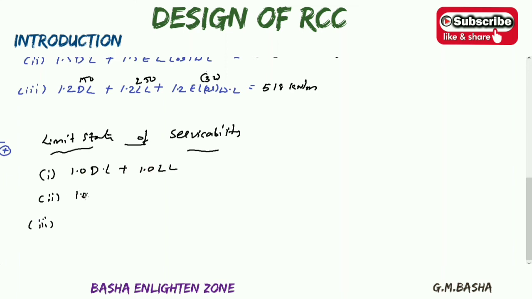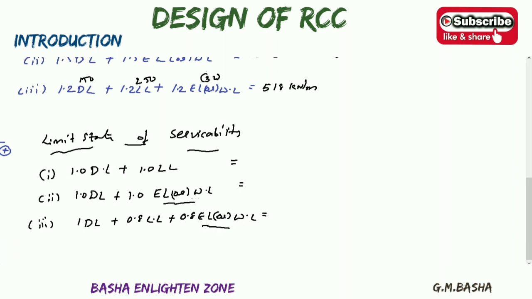The second is 1.0 dead load plus 1.0 EL or wind load. And the third is 1.0 dead load plus 0.8 times live load plus 0.8 times EL or wind load. Here also we consider whichever is maximum of earthquake load or wind load.